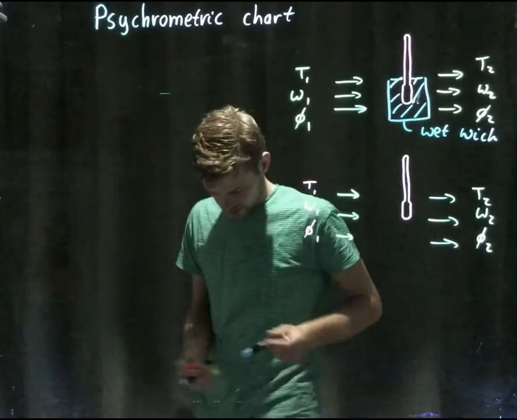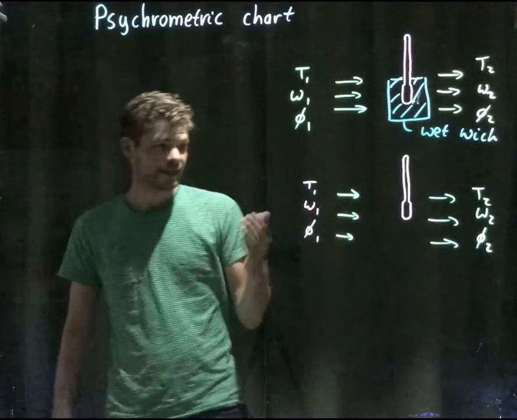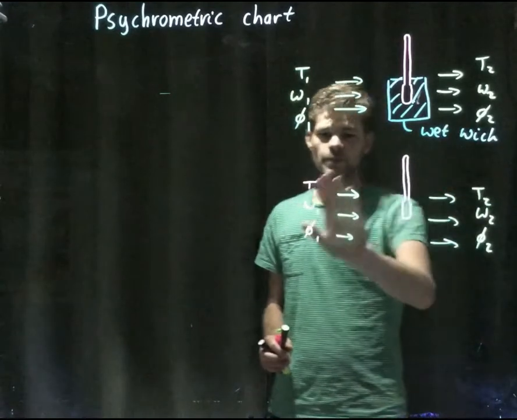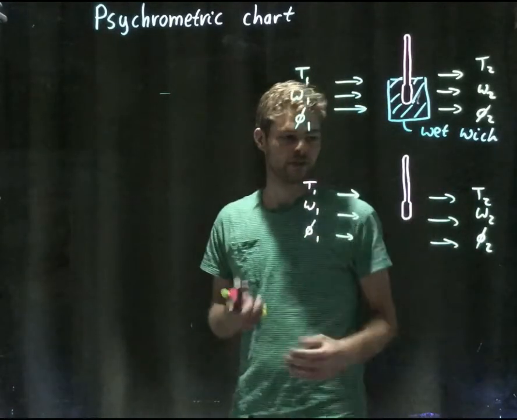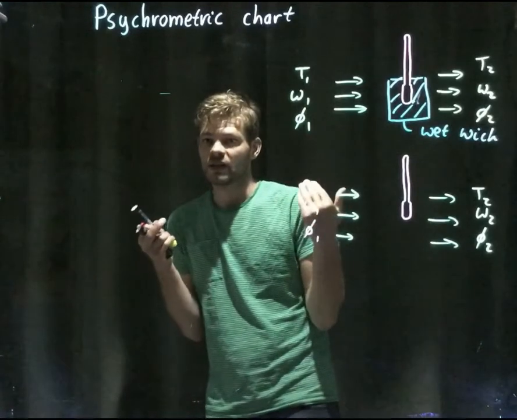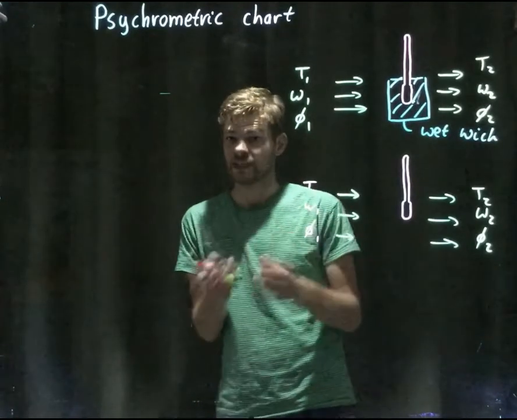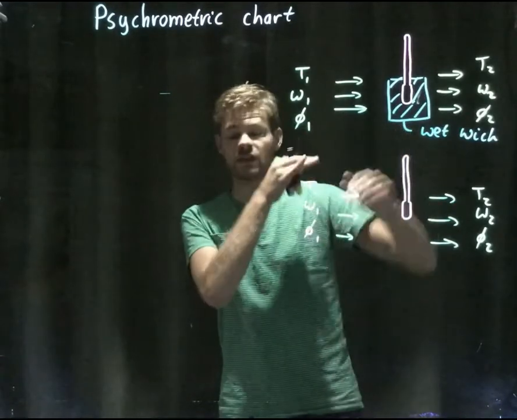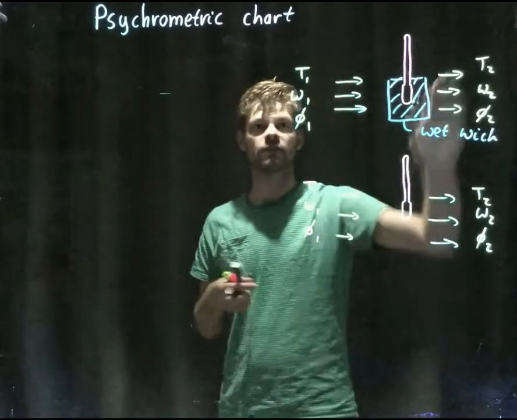And in this case, well, of course, the temperatures here, T1 and T2, will be the same, because no energy has been used, no heat has been converted into water vapor. So liquid water has not turned into water vapor, but here it will be different.